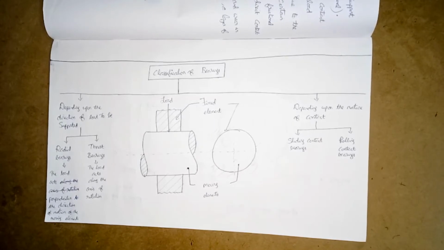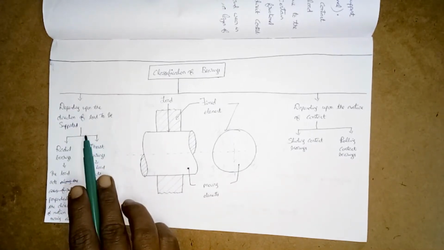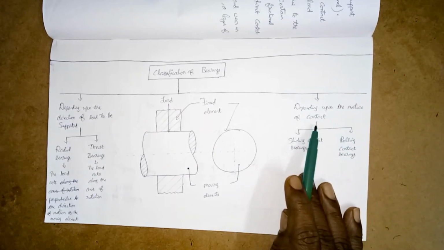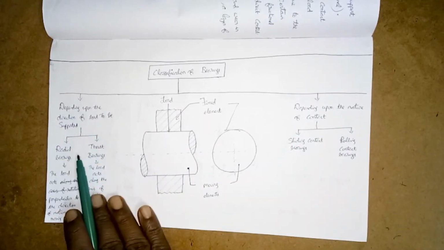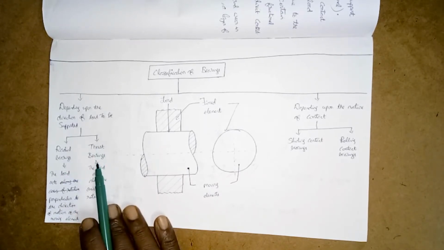First, depending upon the direction of load to be supported, there are two types: radial bearings and thrust bearings.